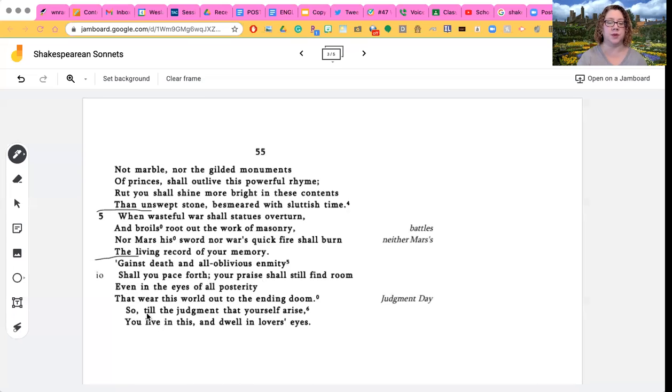So till the judgment that yourself arise, the judgment in heaven, right? The judgment day, you live in this and dwell in lovers' eyes. So people will always look at this poem, and so your memory will persist longer than the works of masons. So that permanence element is similar in those two sonnets.